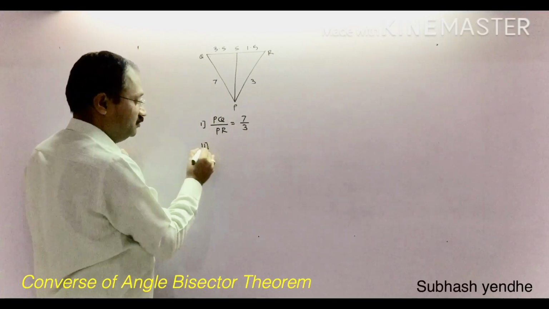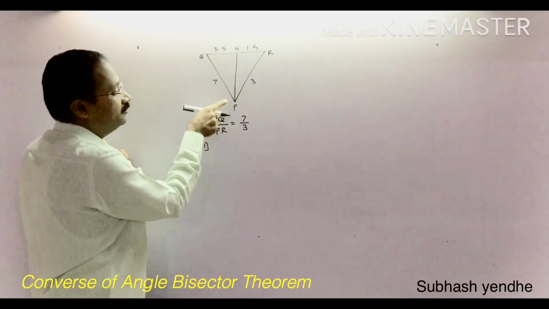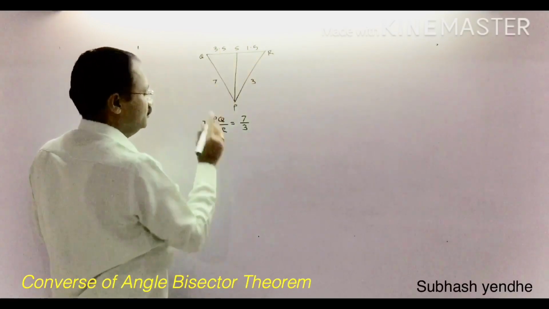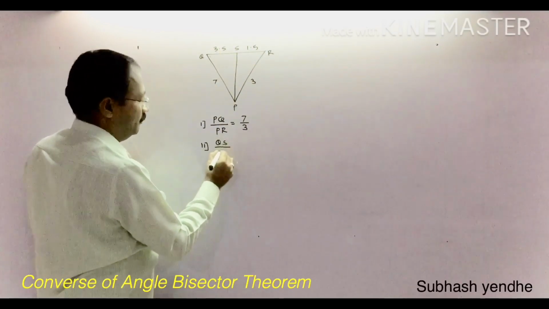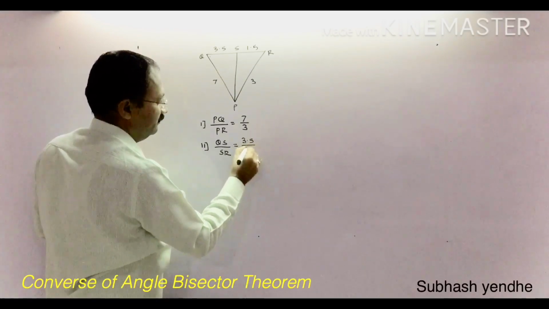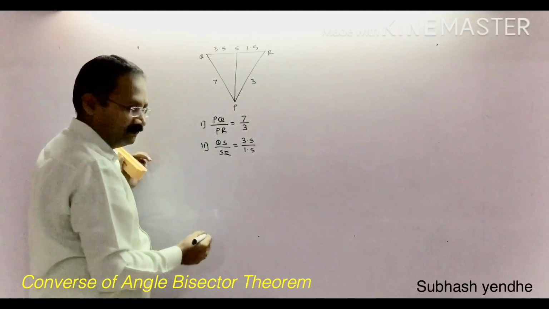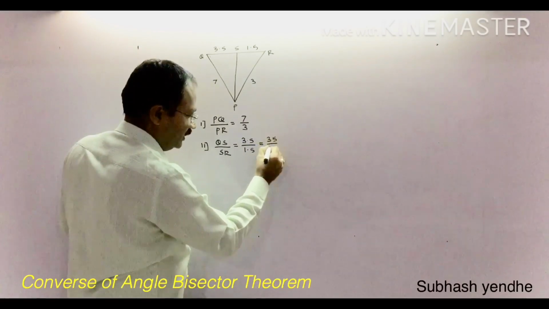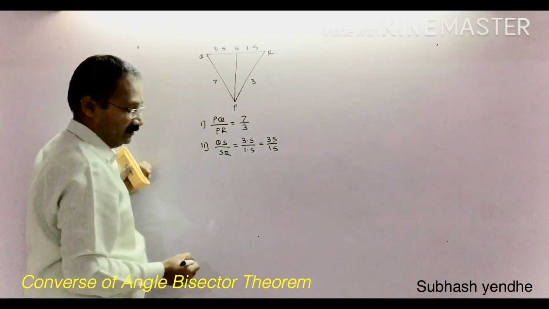Now we have to find the other ratio. You have to start from Q. So QS upon SR equals 3.5 divided by 1.5. If you cancel the decimals, then we get 35 upon 15.